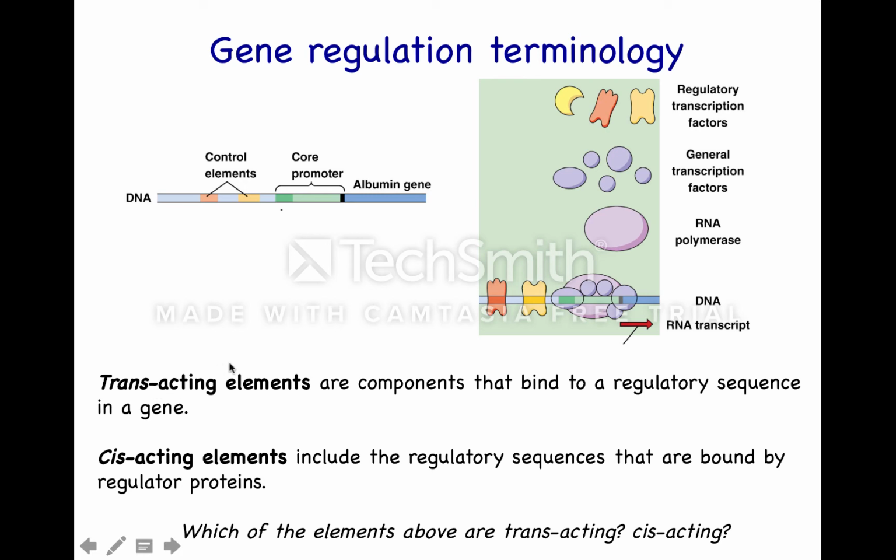These are considered trans-acting because they are expressed typically from other locations in the genome and they act in trans on a particular gene. The cis-acting elements are typically DNA sequences that are right upstream of a particular gene, and these are the regulatory sequences that are bound by these trans-acting elements.